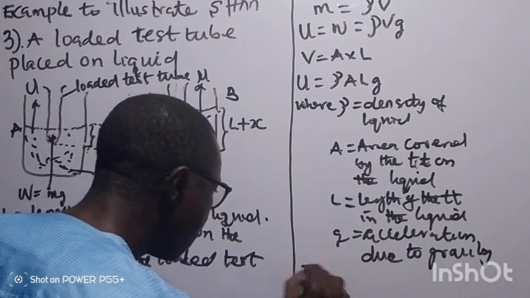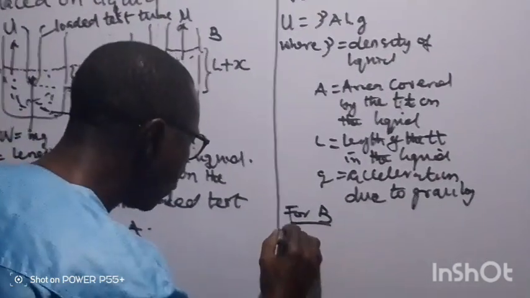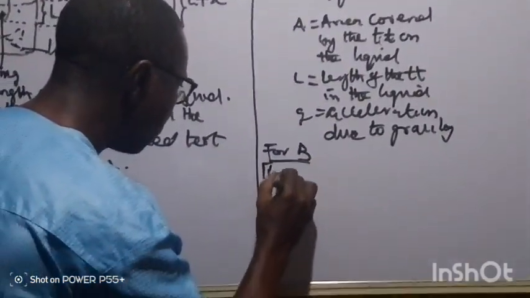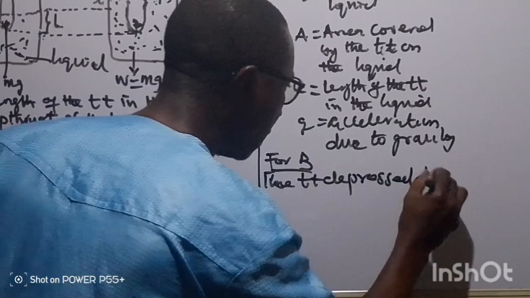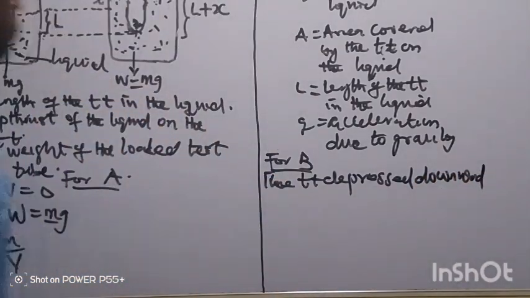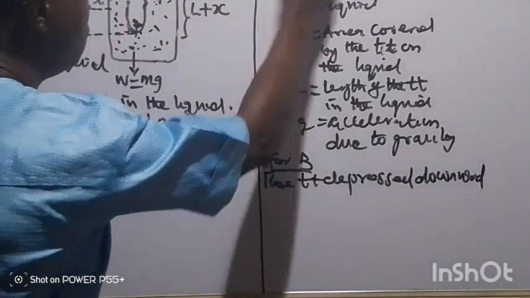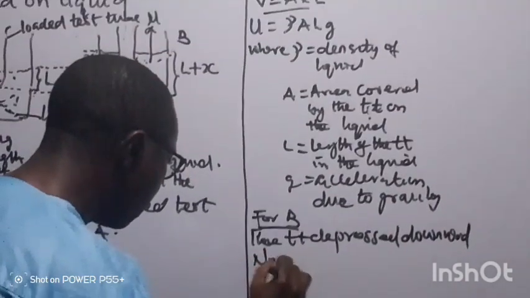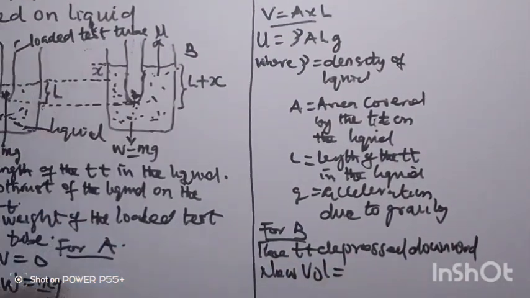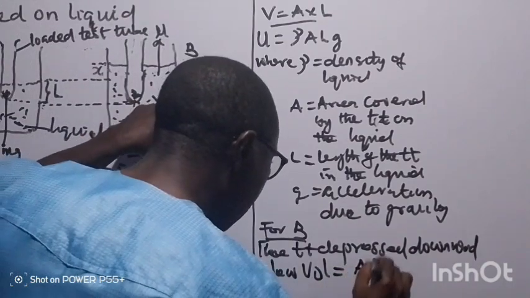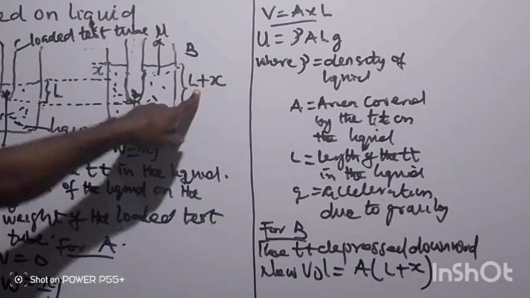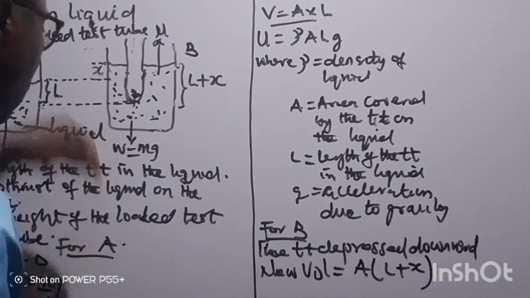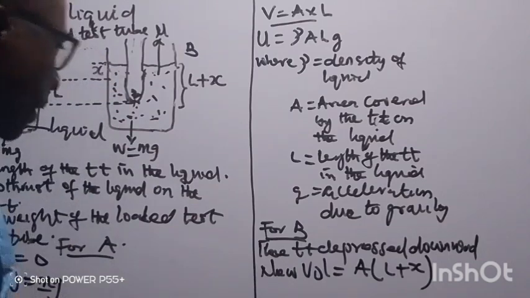Now the new volume will be equal to area multiplied by L plus s, where s is the displacement when the test tube is pressed downward.